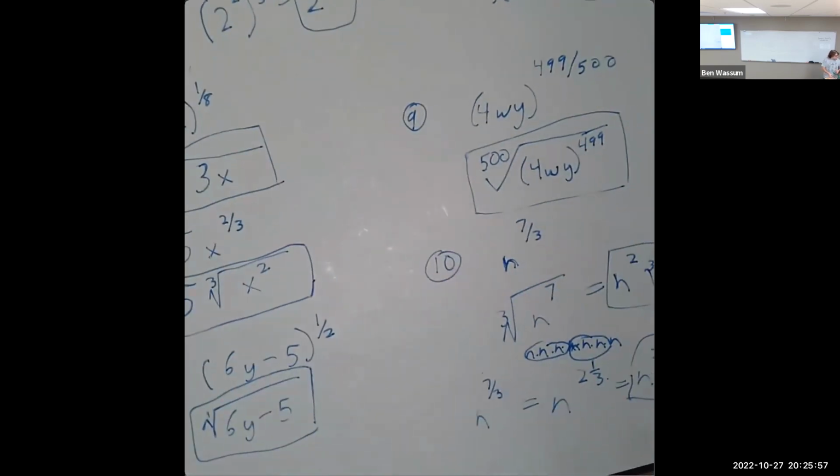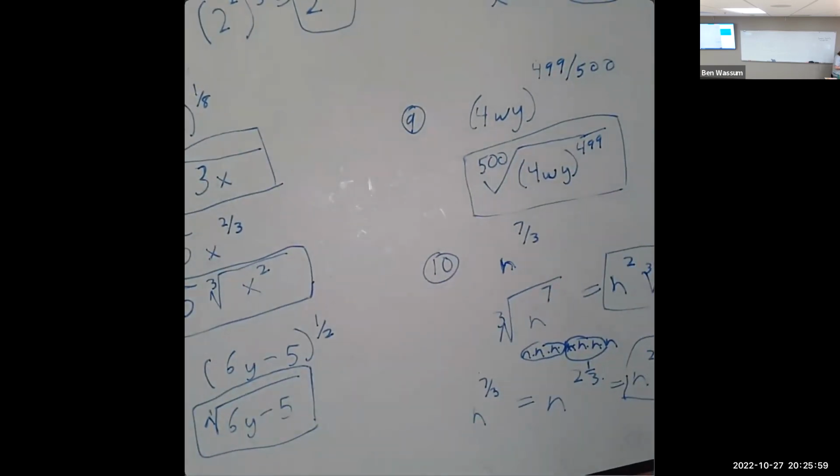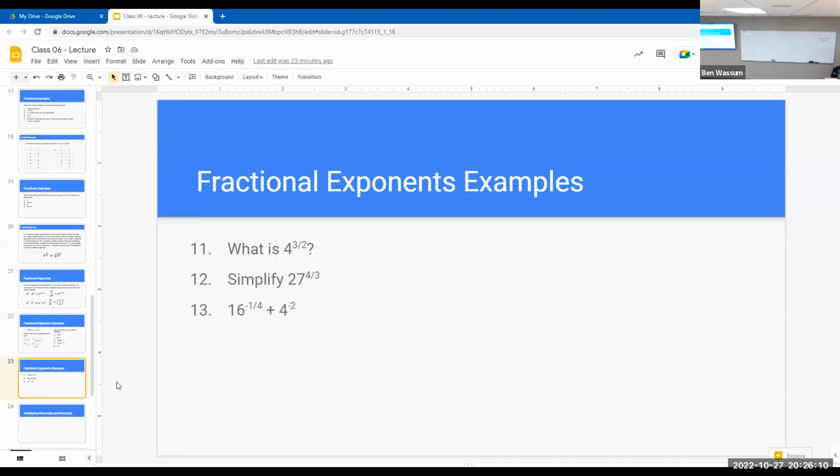Do I want to do the next three, or do I want to save those for the review next time? Let's take a look. These are, ooh, those are nice. I couldn't do these in the next 4 minutes though. Well, I could do the first one, maybe the second one, not the third one. I don't remember what I was going for on that third one, actually. I'm not gonna lie.